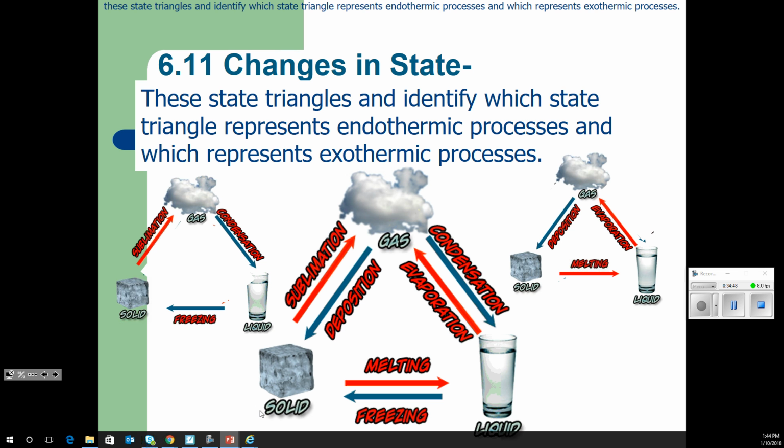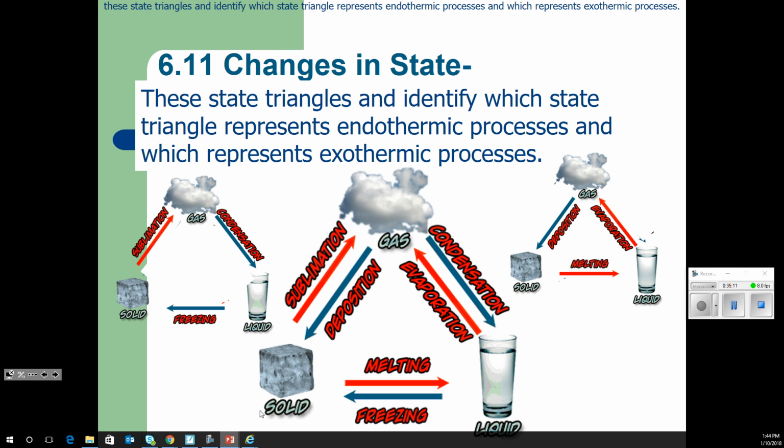Sublimation is going from a solid directly to a gas, and deposition is going directly from a gas to a solid. One of the most common uses of that part is dry ice. We take CO2 from the air and we lower the temperature and we make dry ice. It never goes through a liquid stage.